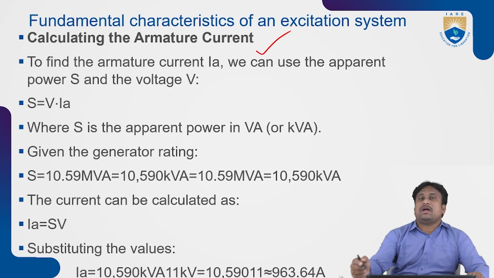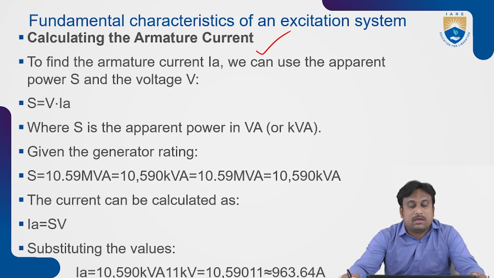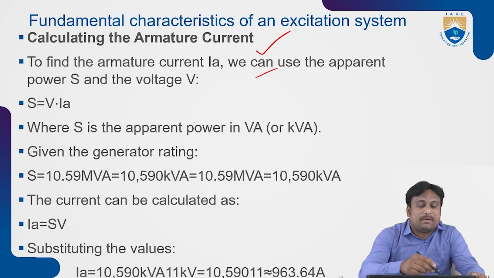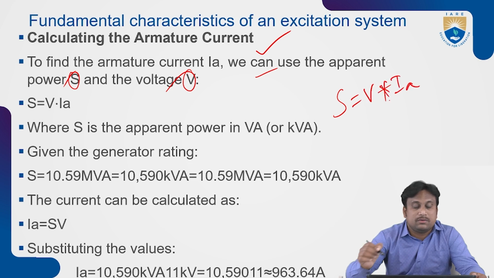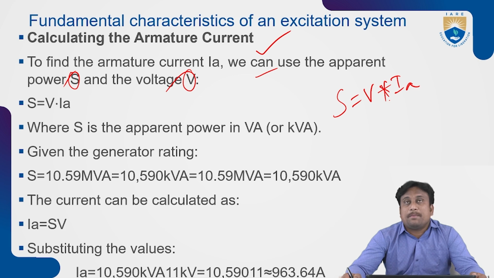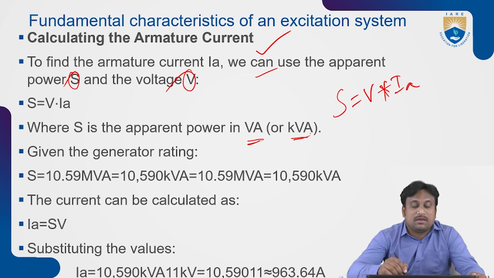Now calculating the armature current, here find the armature current IA. We can use the apparent power S and the voltage V. Then S equals V into IA, where S is the apparent power in volt-amps or kVA.